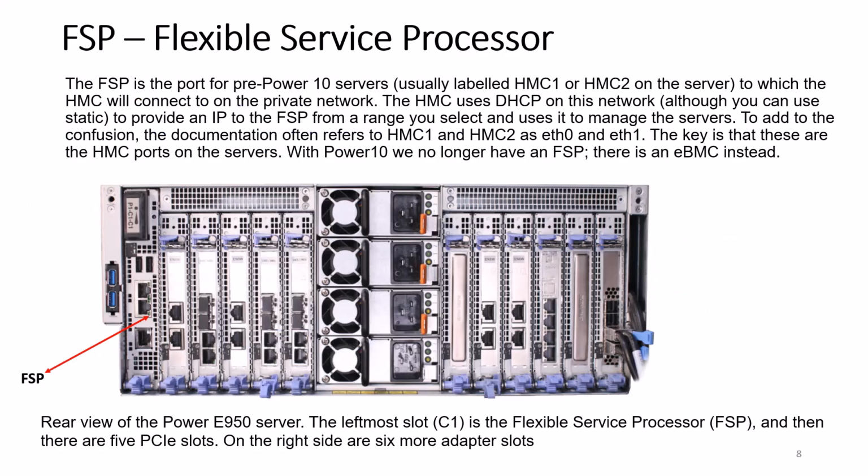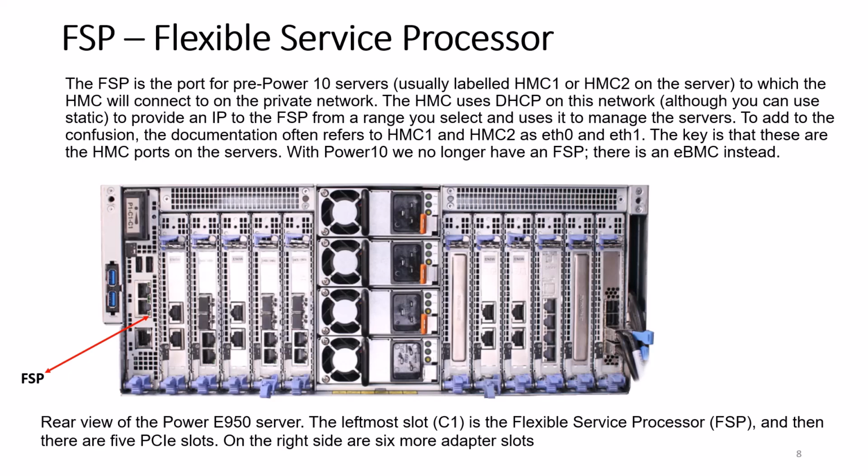So prior to Power 10, you would have heard engineers talking about the FSP, or Flexible Service Processor. And that's the port for those servers, usually labeled HMC1 and HMC2 on the server, that the HMC connects to on the private network. The HMC, as I said earlier, uses DHCP on this network, although you can use static to provide an IP to the FSP from a range you select, and it uses it to manage the servers.